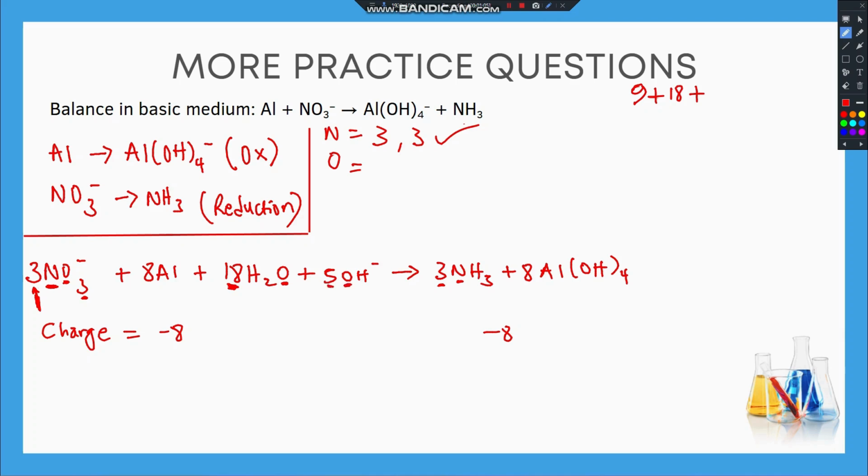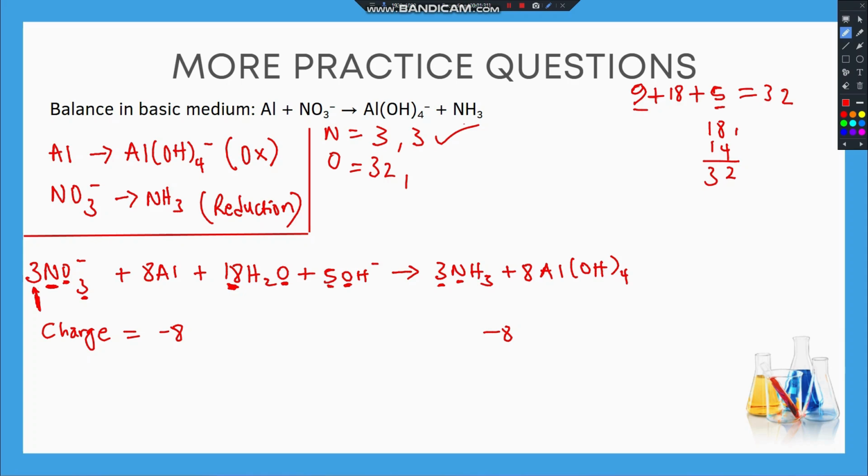It has a coefficient of 5. So we have 9 plus 18 plus 5. 9 plus 5, first of all, will give us 14. So we have 18 plus 14. 8 plus 4 gives us 12. 2 carry 1. 1 plus 1, 2 plus 1, 3. So we have 32 atoms of oxygen on the left side.